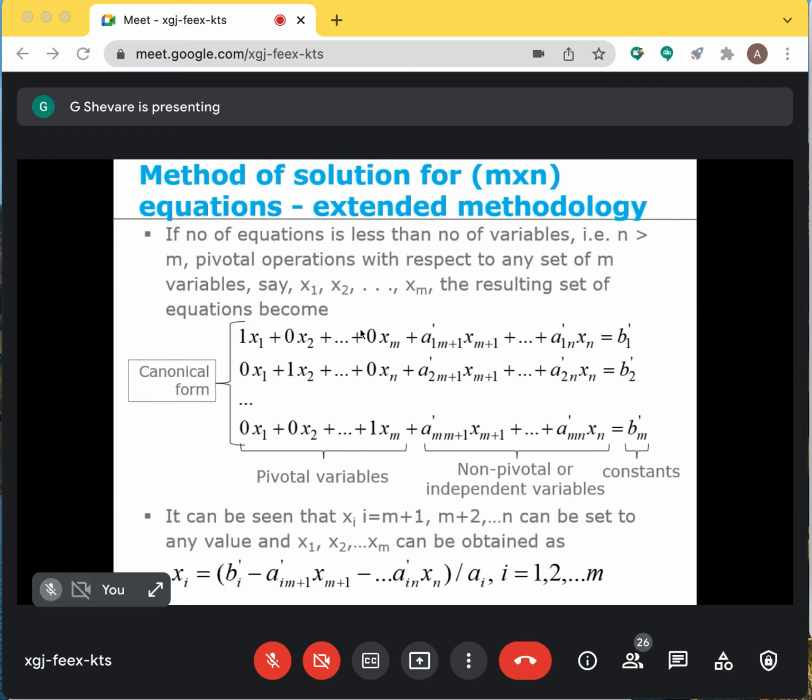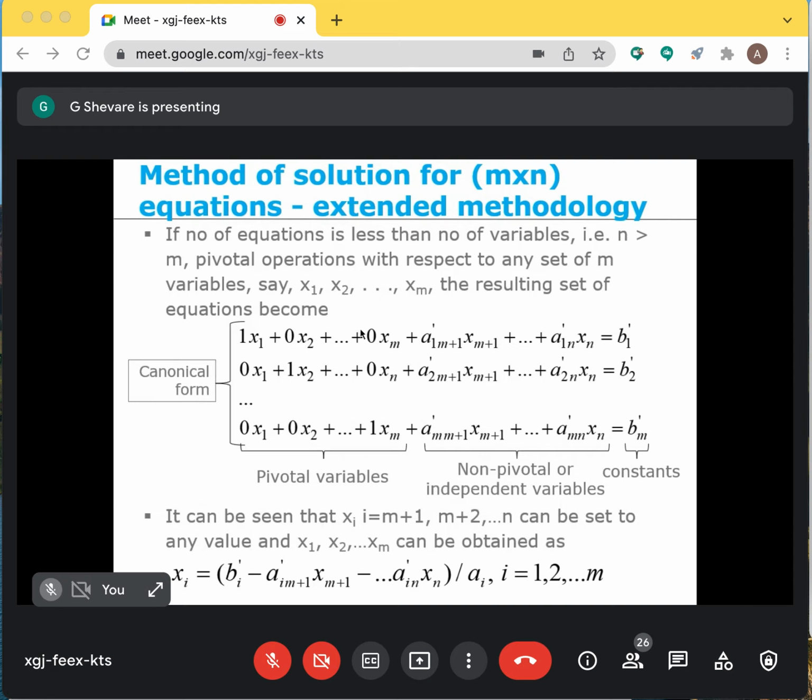So all the diagonal coefficients of the equations will be 1, but the off diagonals of the m equations will be 0, while the coefficients of xm plus 1 till xn will be non-zero. So this is what will happen if you take the equality constraints of linear programming.